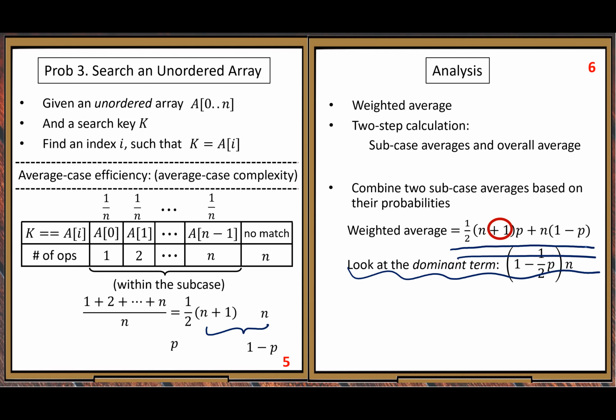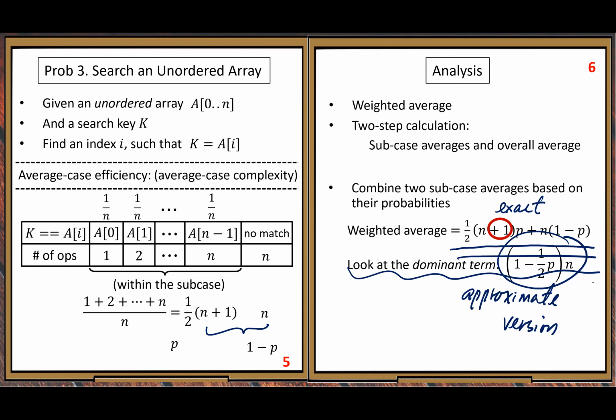This is the exact version of the formula. But when we use the formula, sometimes we may not use the exact version. Sometimes we may use an approximate version. This is the dominant term.